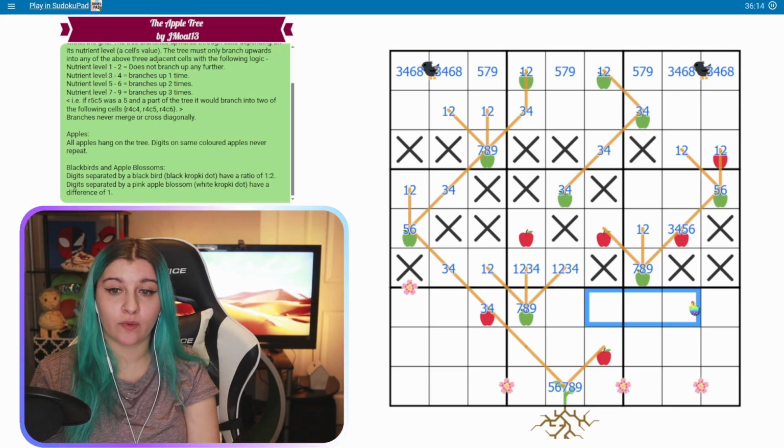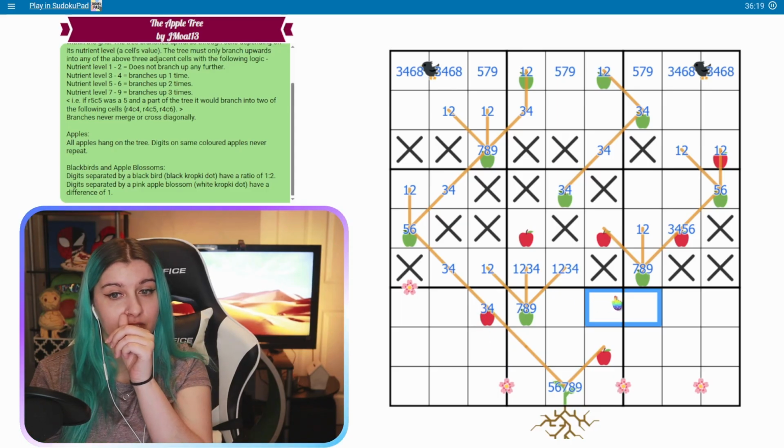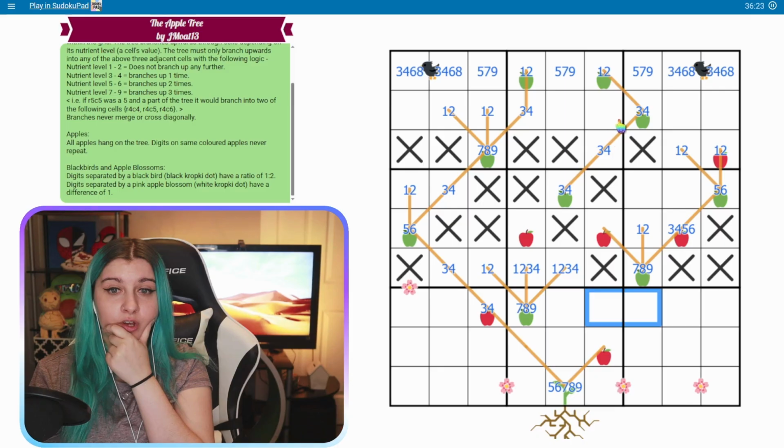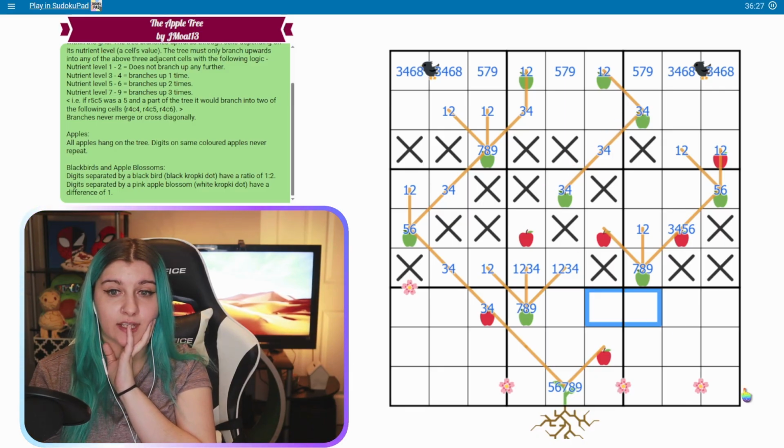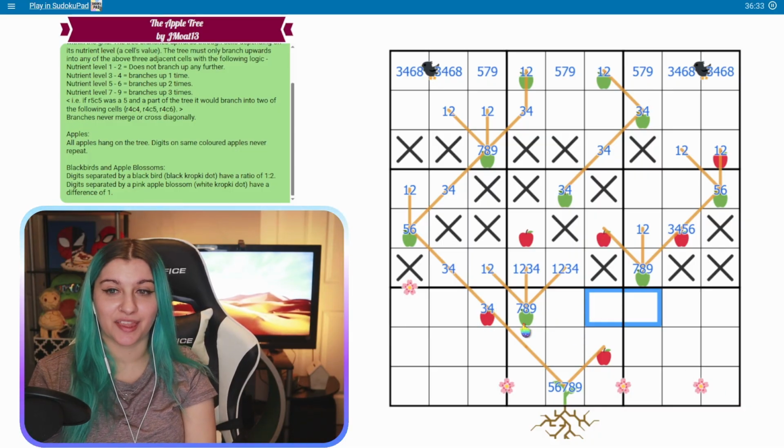I don't have a way of getting here. So the other half of this 3, 4 will be here somewhere. Do I know which one of these 3, 4s that is? Maybe shading would be a good idea. I'm not sure how to pencil that I need a 3, 4 here.